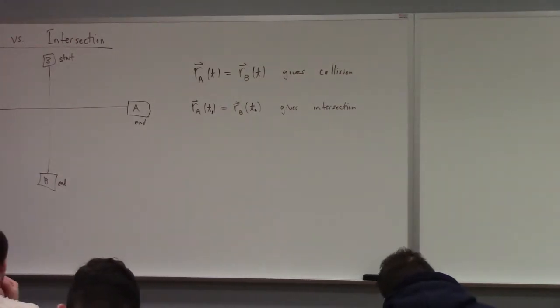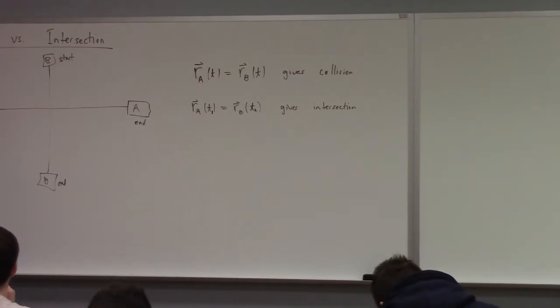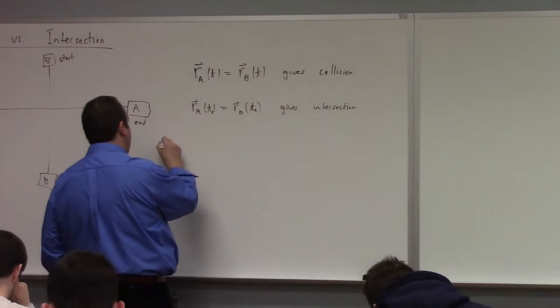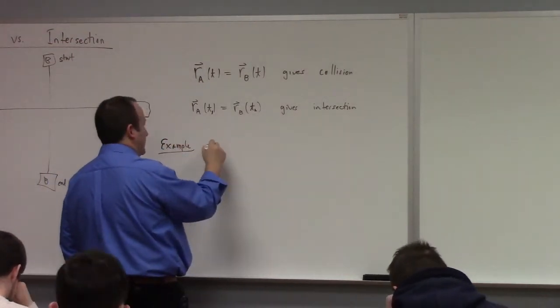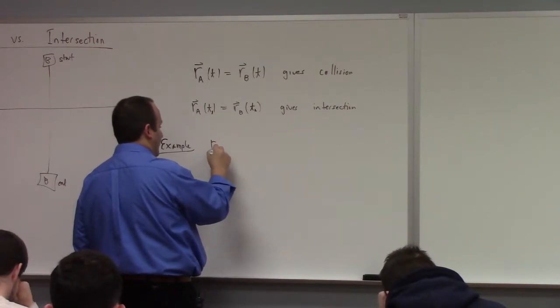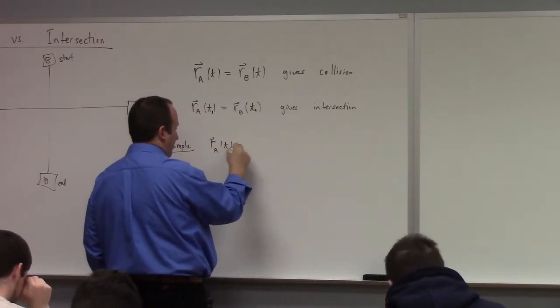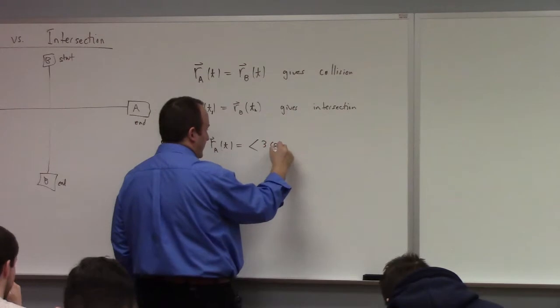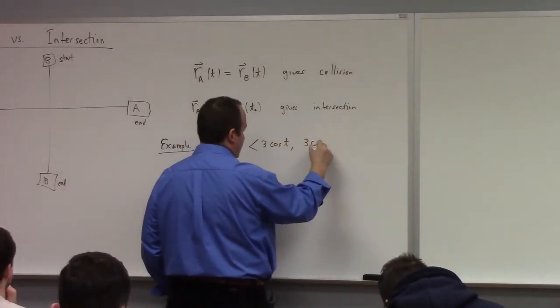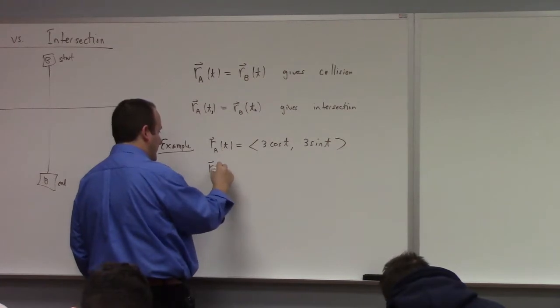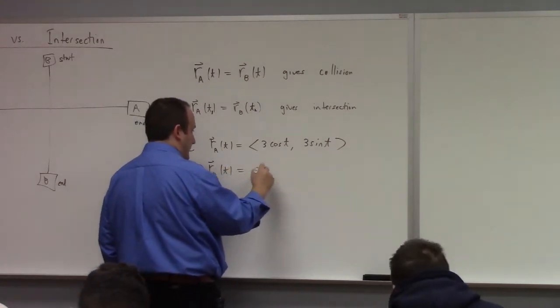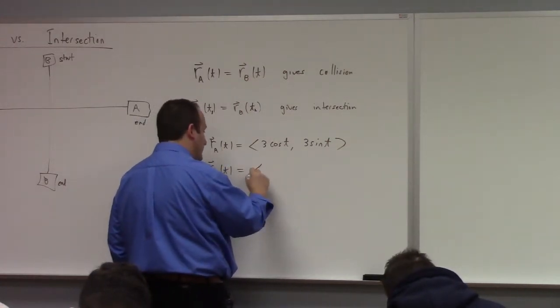So, sometimes I ask a question about this. Let's see if we could come up with an example. Suppose that car A goes in a circle, let's say 3 cosine t, 3 sine t. And let's say that car B goes along the line through the origin with slope 2.